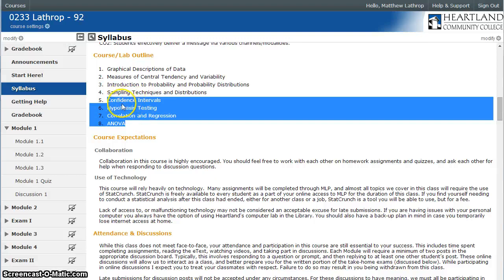So confidence intervals, hypothesis testing, correlation and regression, and ANOVA testing are going to be some additional topics we'll get into that really are more of what statistics is really about. So taking data that we do know and trying to draw some conclusions about things that we don't know.